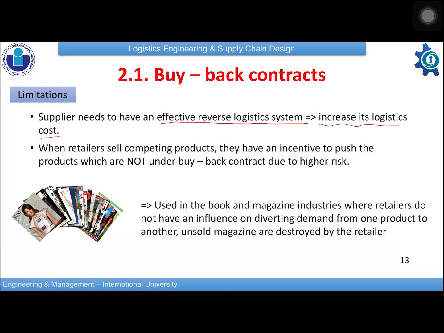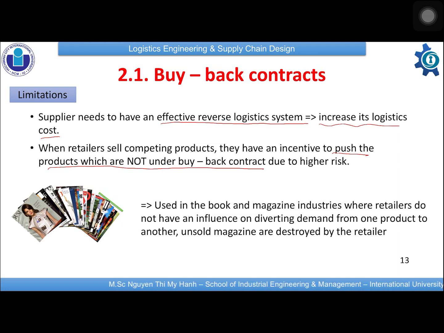And when the retailers sell competing products, they will tend to push the products which are not under buyback contract, because compared to products with buyback contract, the ones not under buyback contract have higher risk, so they tend to push to sell them out first. So that is another limitation of buyback contract.